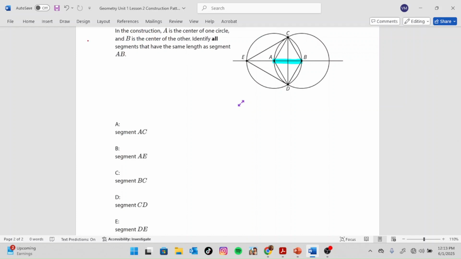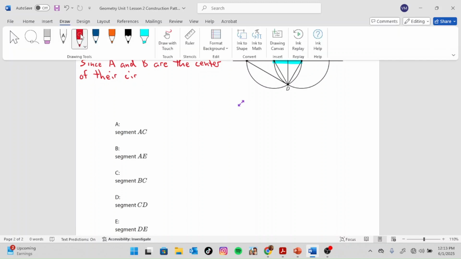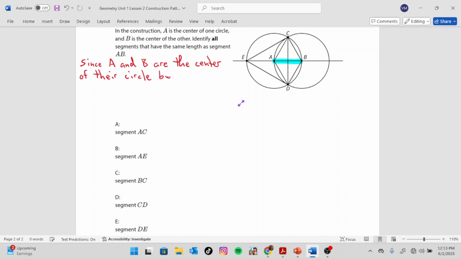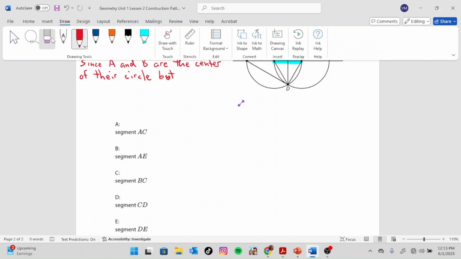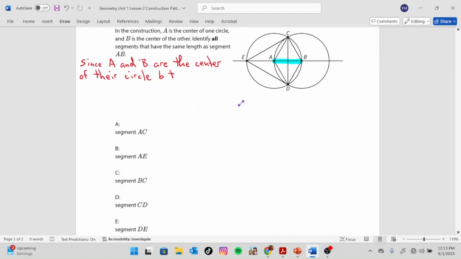Now what we know is, since A and B are the center of their circle, but they're on the other circle, segment AB is a radius.